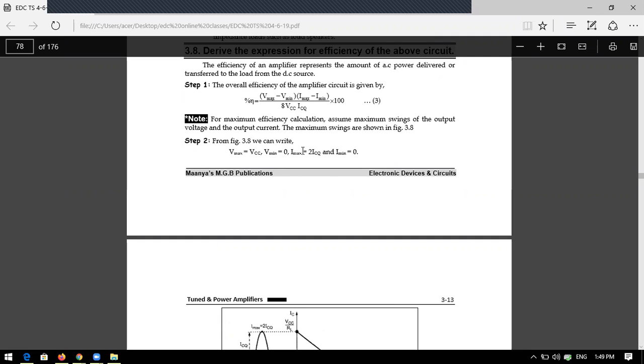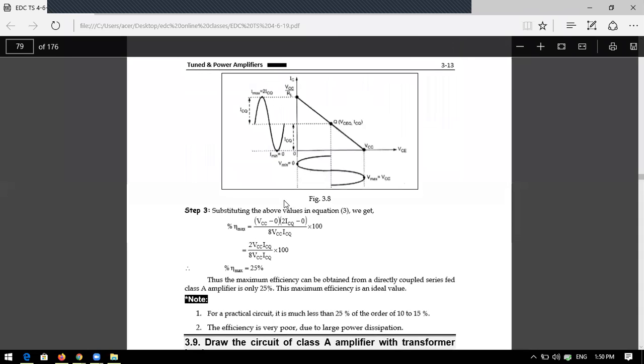So what values can you substitute in this formula? Vmax is VCC, Vmin is 0, Imin is 0, and Imax is 2 times ICQ. So you get (VCC minus 0) into (2 ICQ minus 0) into 100, divided by 8 into VCC into ICQ. Solving this, you will get 25%.